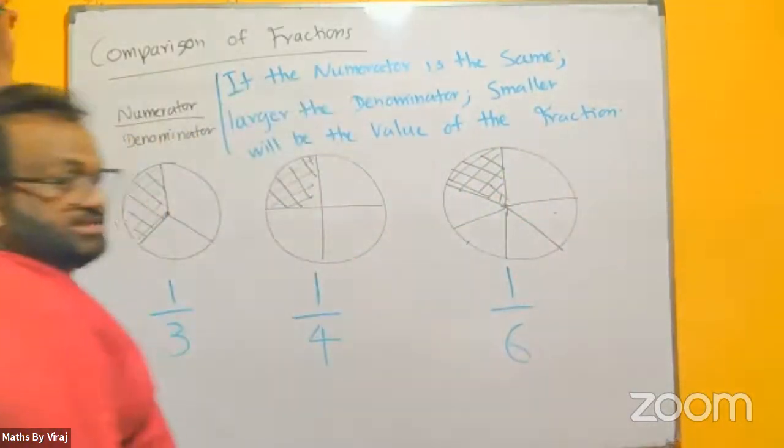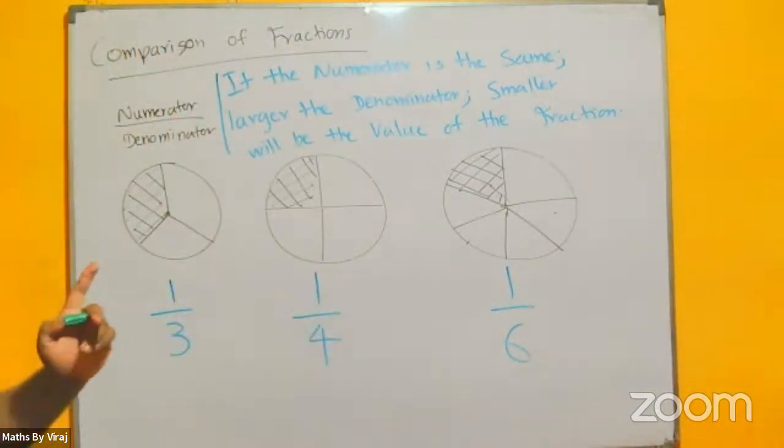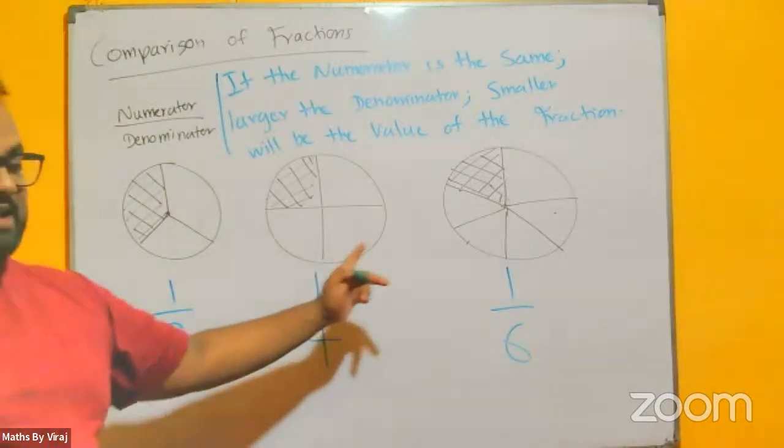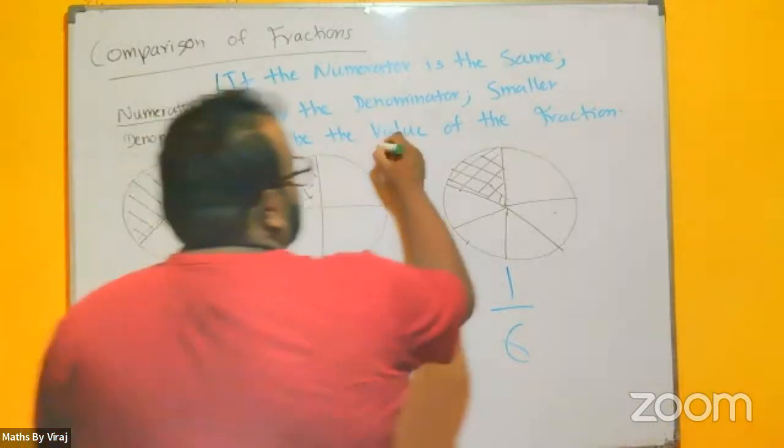Again, let me rewrite it, children. Rephrase it. If the numerator is the same, is the numerator the same in all these? Yes or no? Yes. If the numerator is the same, larger the denominator, smaller will be the value of the fraction.